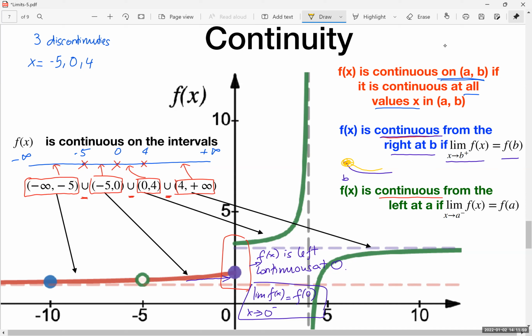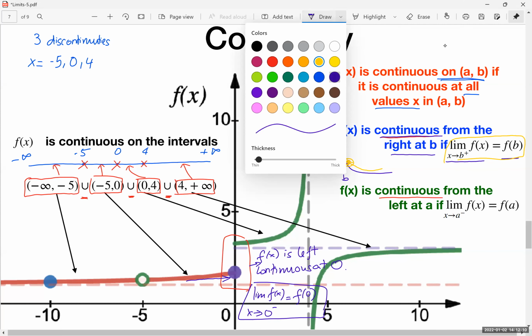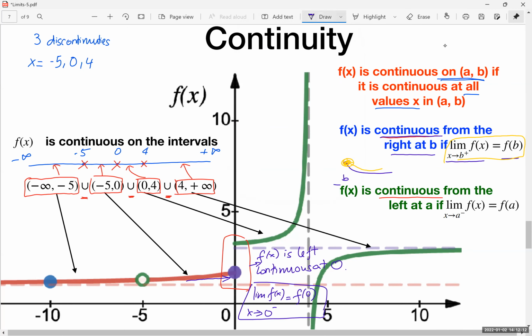Then the function is continuous from the right at b if this condition is satisfied. And we talked a little bit about left continuous, right? A function is left continuous, or continuous from the left, at a if the limit when x goes to a from the left is the same as the function value f of a. And this is an example of left continuous.